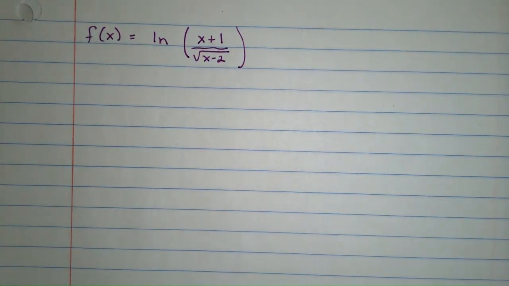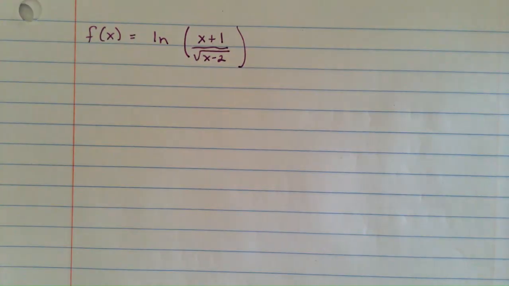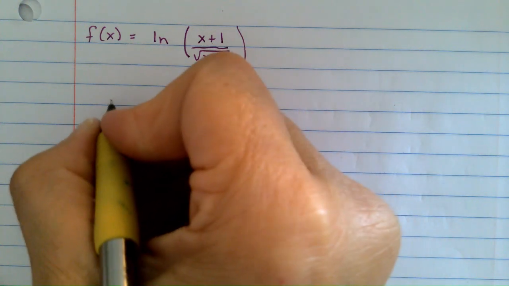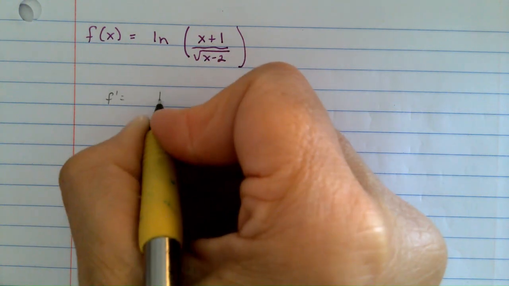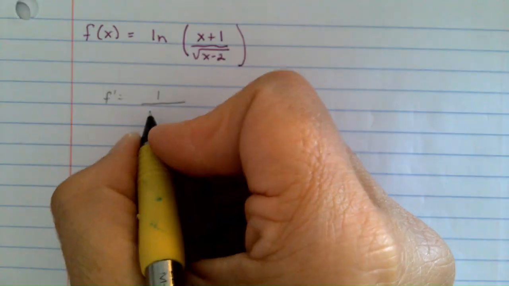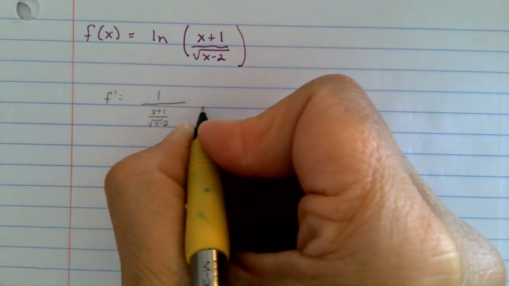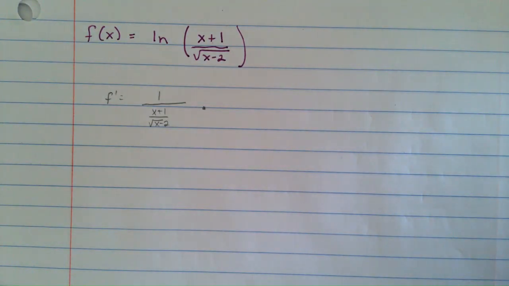Well, if I were to do it right now, I would have to do the natural log, 1 over what's inside, multiplied by the derivative of what's inside.